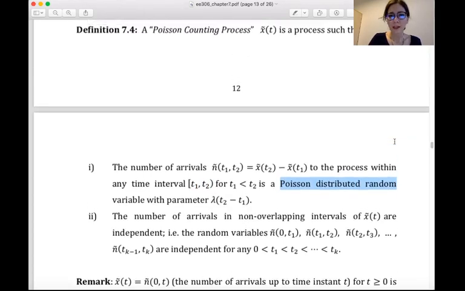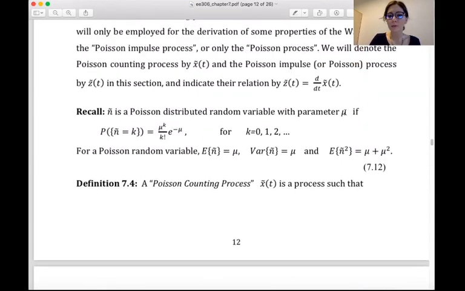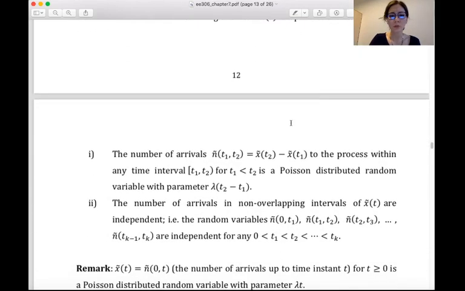With which parameter? If you talk about a Poisson random variable, you have to specify its parameter mu. The mu here should be equal to lambda times (t2 minus t1). Lambda is going to be called the rate or the parameter of the whole Poisson process. It determines how often you have arrivals. And of course, the number of arrivals between t1 and t2 should depend on the time instants t1 and t2. So it's a Poisson distributed random variable with parameter lambda times (t2 minus t1).